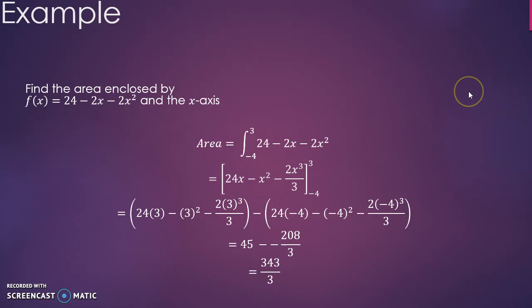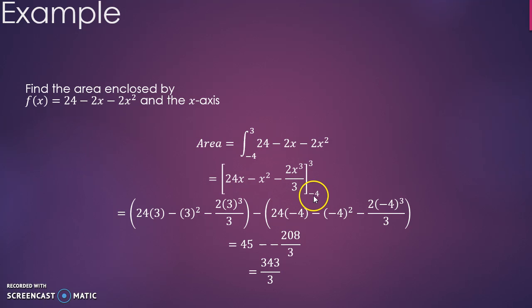So if we do our integration, 24x minus 2/3 x cubed, do our substitutions in, we get the area to be 343 divided by 3. So that is how we calculate the area under curves.